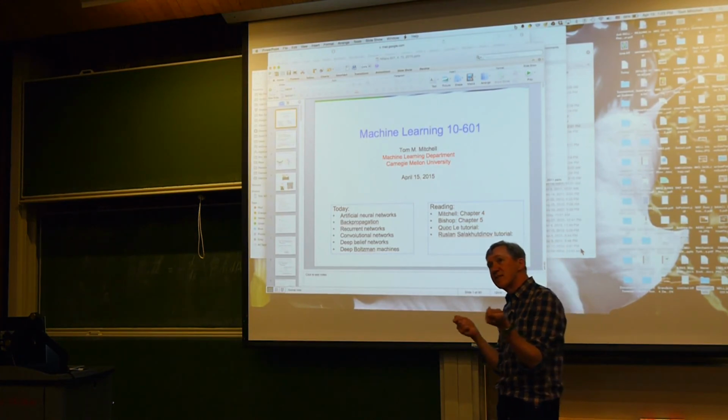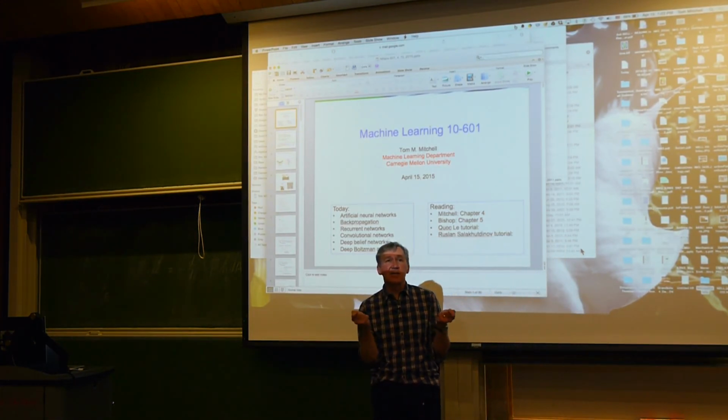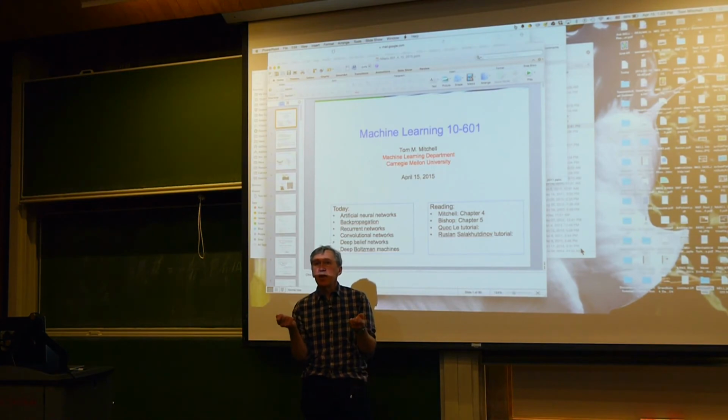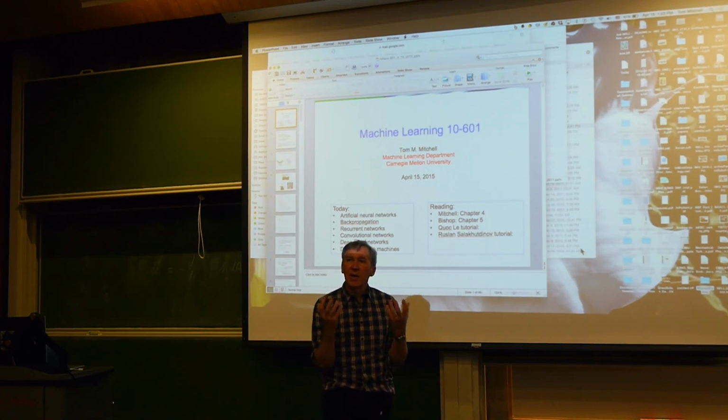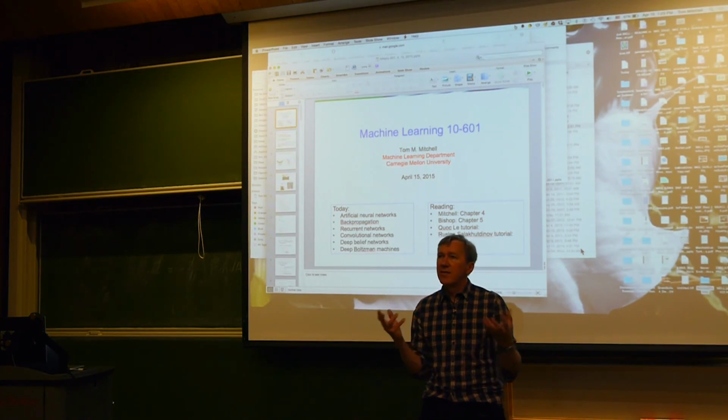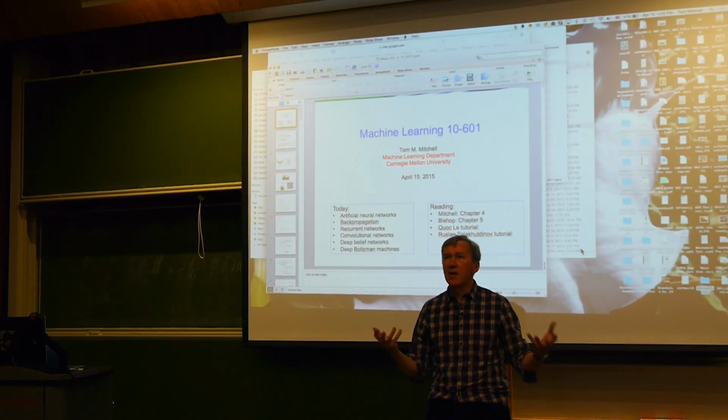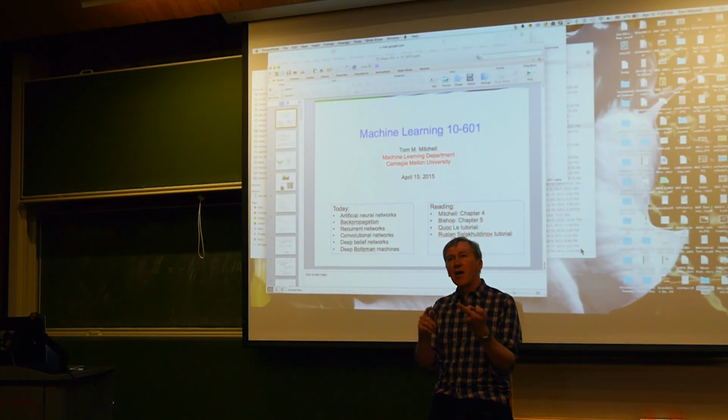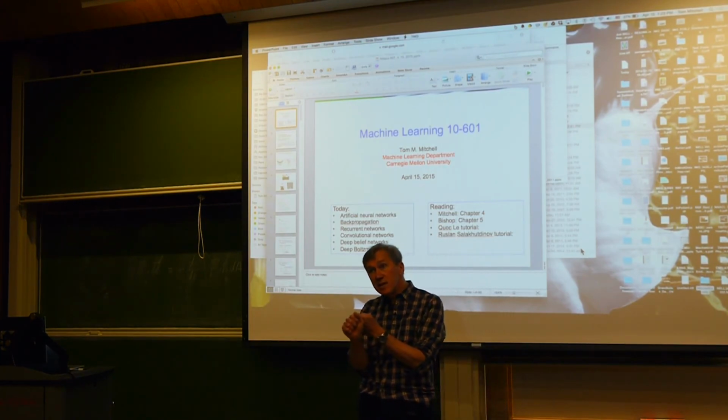In both cases, the image and the speech recognition cases, the reason that they're making such big impact is because they're able to learn these nonlinear encodings of the types of data that are being used that are pretty noise resilient.